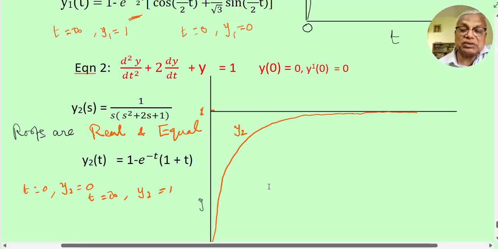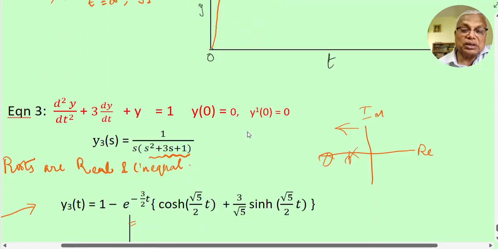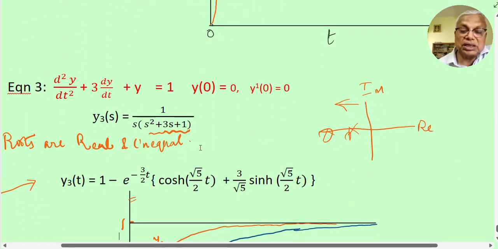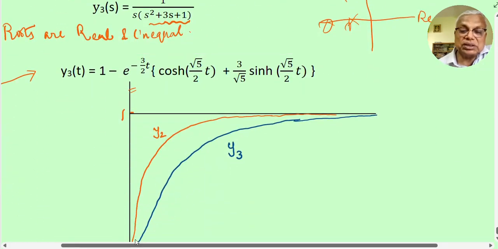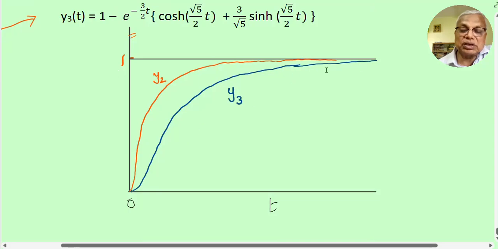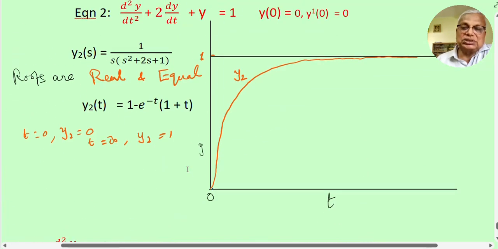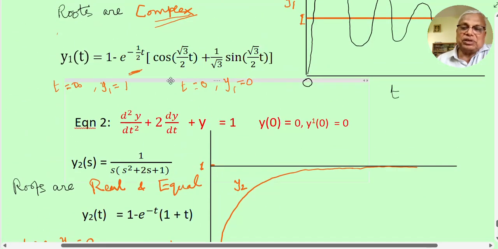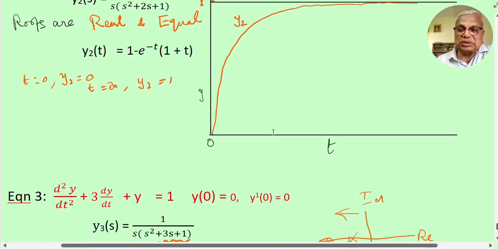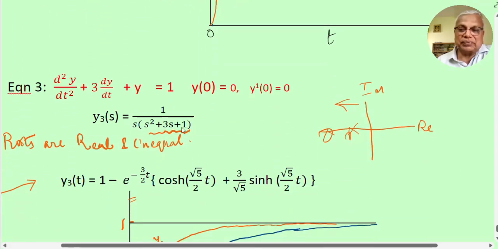It rises faster without any oscillations and reaches the final constant value. In the third case, when the roots are real but unequal, you have a similar nature, starting from 0 and reaching the constant value without any oscillations, but it becomes slower compared to the second case, where the roots are real and equal. So this is about the nature of the solutions and how they differ with respect to the roots of the quadratic term in the denominator.